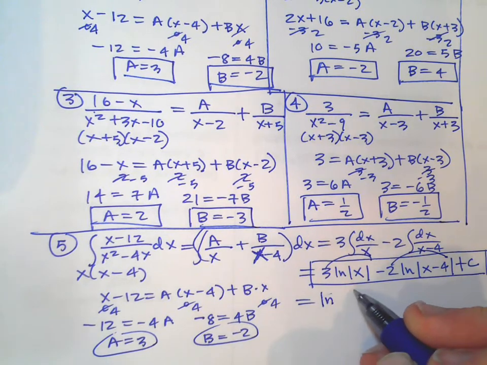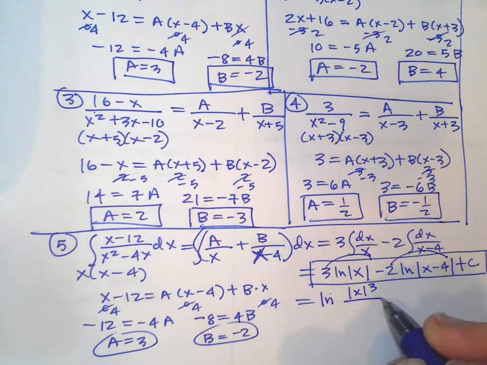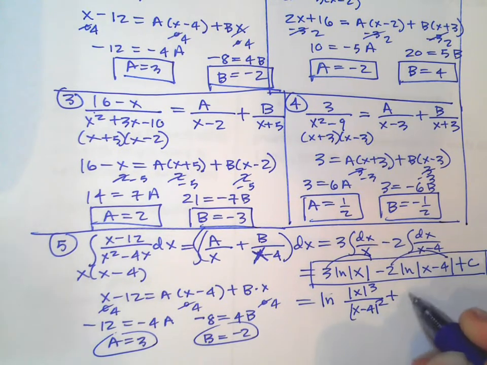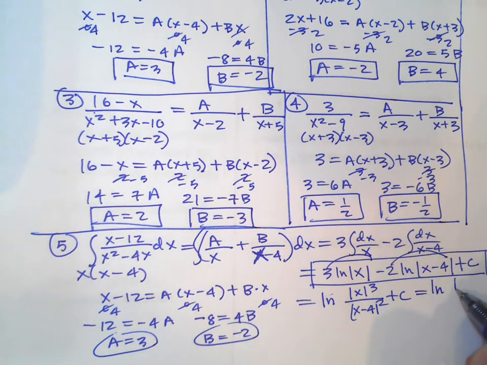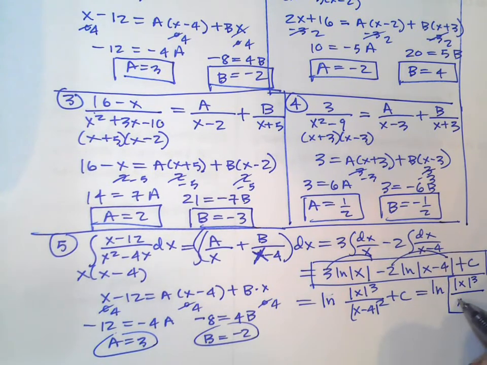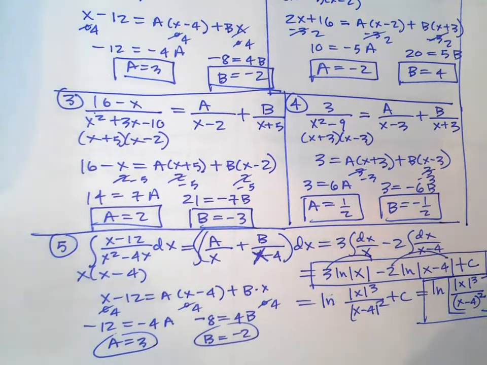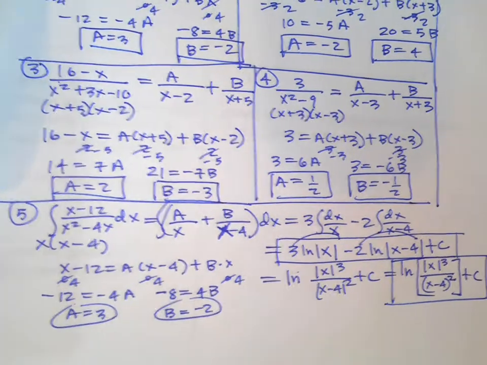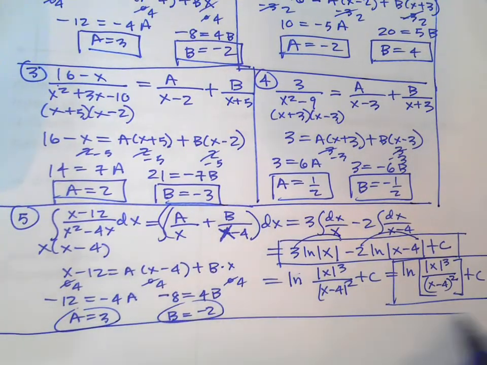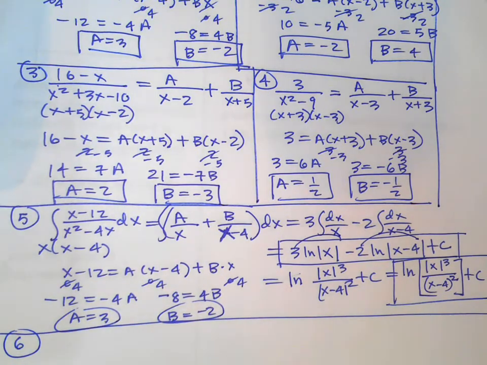Natural log of the absolute value of x cubed divided by (x minus 4) squared. We could make this a little nicer. Natural log of x cubed, so this is all inside one natural log, over (x minus 4) squared. We can get rid of the absolute values in the bottom and just do squared because it's going to ensure it's positive. So it's probably one of the better answers right there. I think that's what the book had.